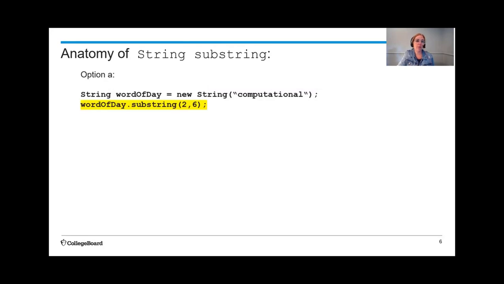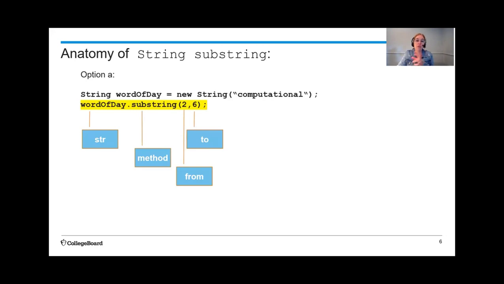So here's an example of calling substring on our object word of the day. This is the two-parameter version of substring. We have a string, a method. The from is the first number, and the to. So we want Java to give us the data at our from to our to.